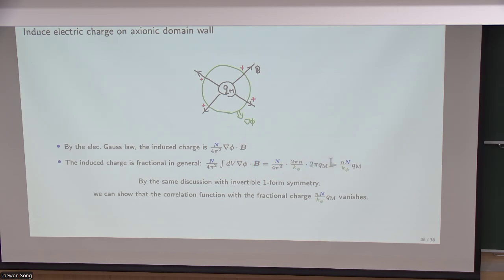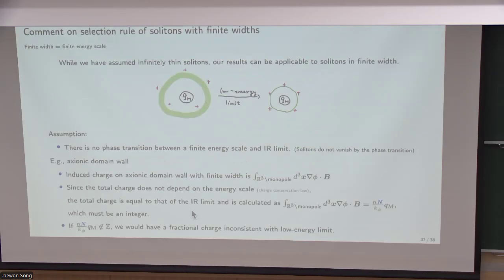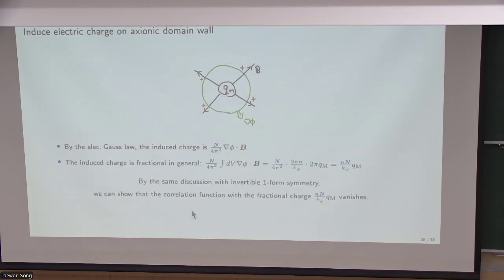So we can calculate this combination, and we have this induced charge. By the same discussion as with the invertible one-form symmetry, we can show that the correlation function with the fractional charge vanishes. So this is the selection rule for the linked configuration of the axionic domain wall and the magnetic monopole.